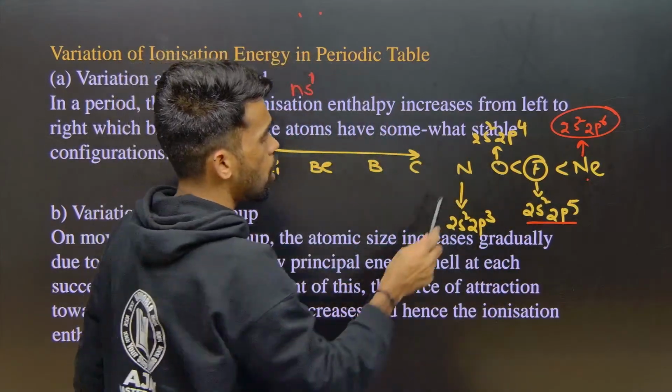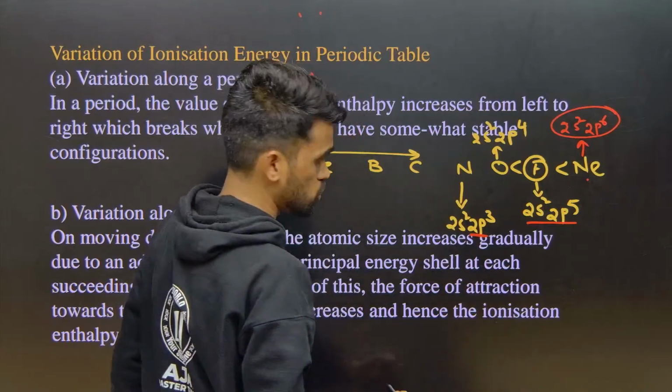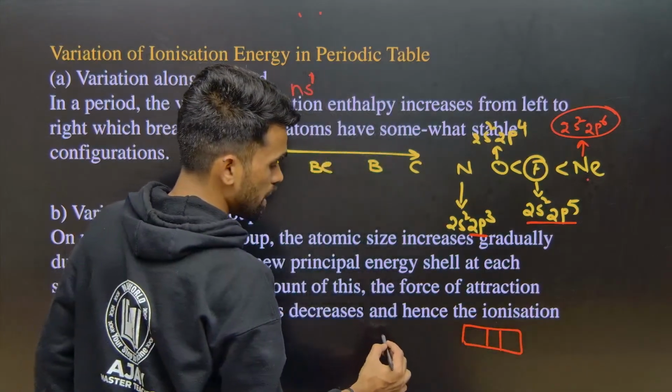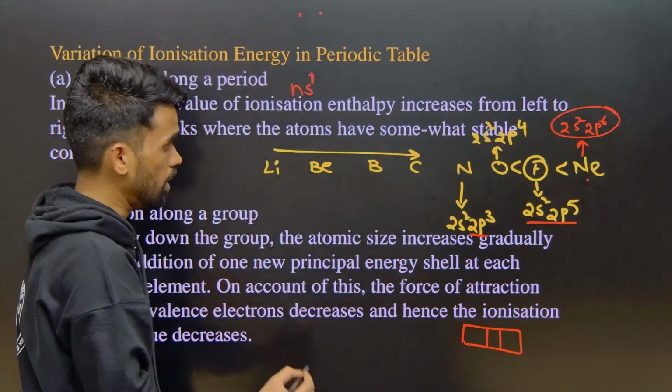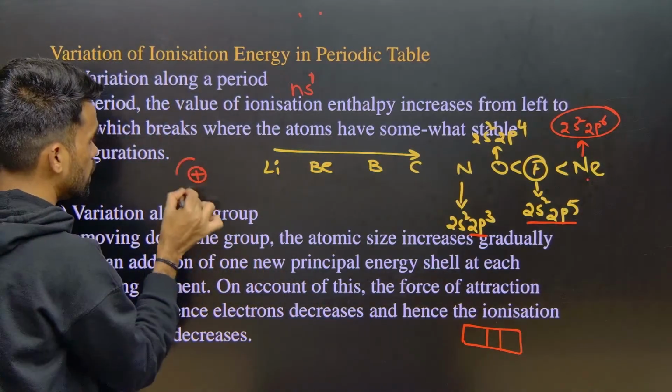Now look at oxygen and nitrogen. Nitrogen has the 2p3 electronic configuration. So how many p orbitals do we have? 3. When I say shell, an atom has a nucleus, and around it we have shells.